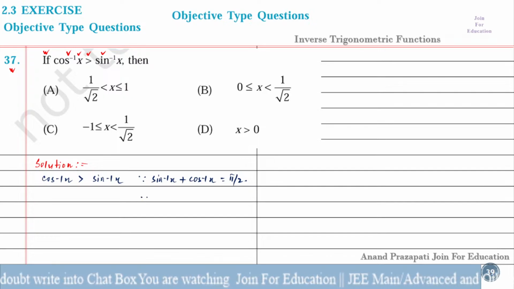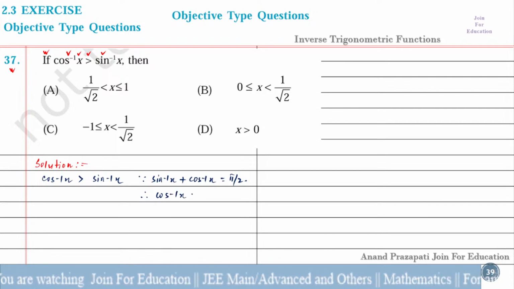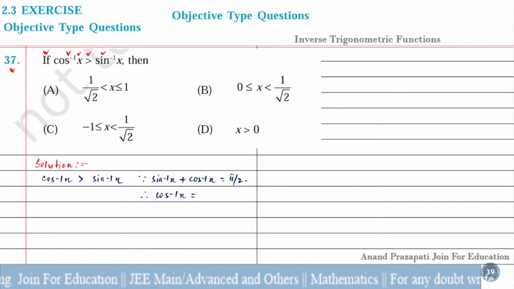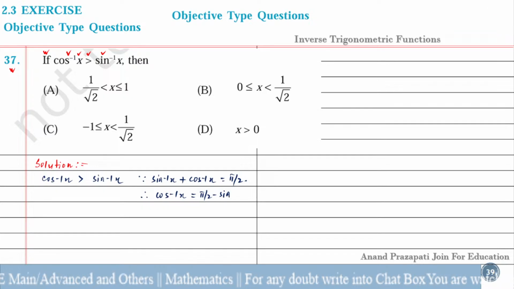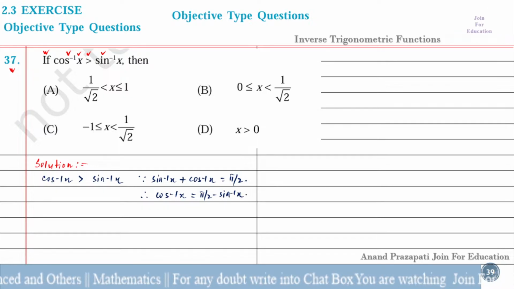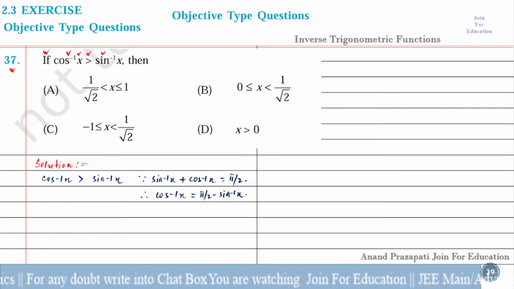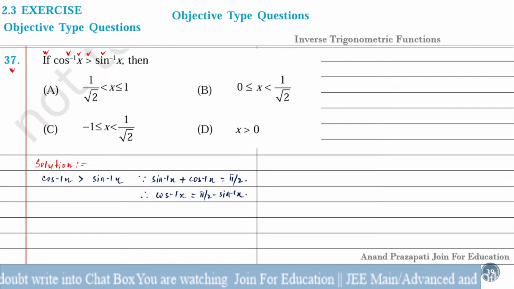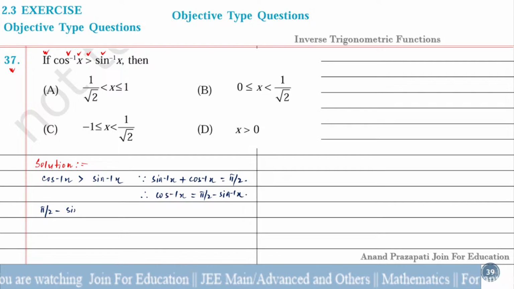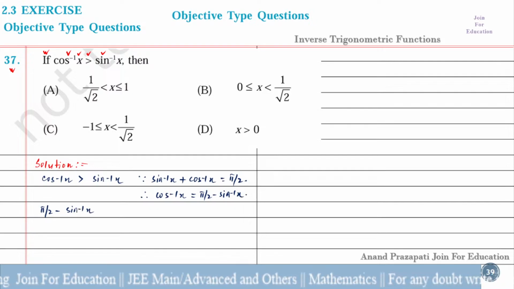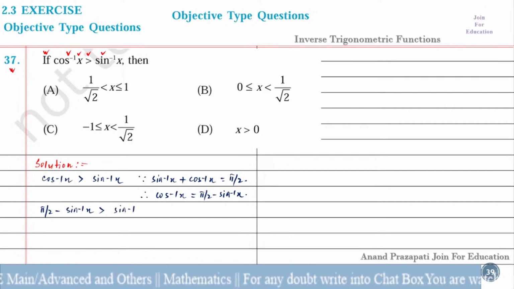Therefore, cos inverse x equal to pi by 2 minus sin inverse x. So the next step here will be for the cos inverse x, here will be pi by 2 minus sin inverse x greater than sin inverse x.